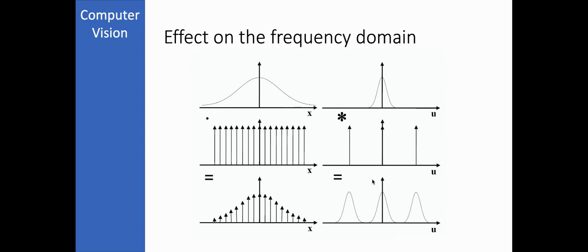More clearly, if we look at it schematically, assume that my function in the image space looks something like this. If I multiply it with a Dirac comb, I will read off the values at the centers of the pixels. It will give me this function shown here. The Fourier transform of the original image is given here.